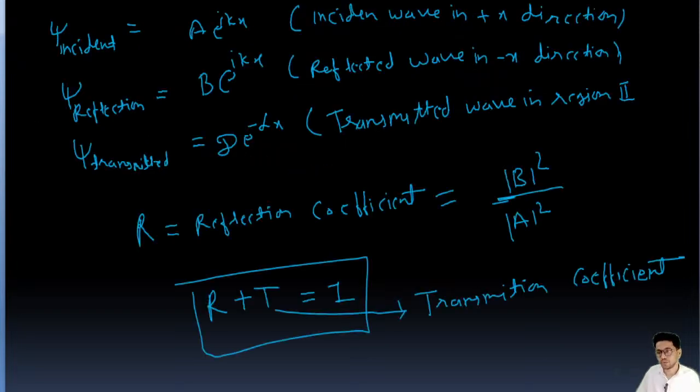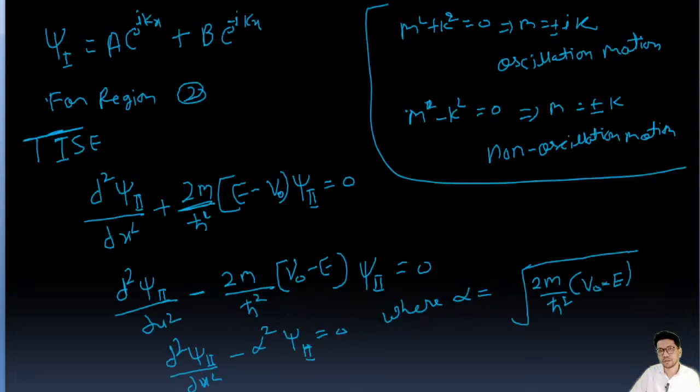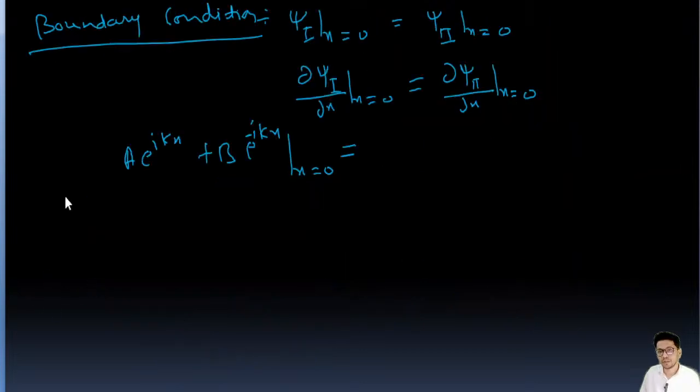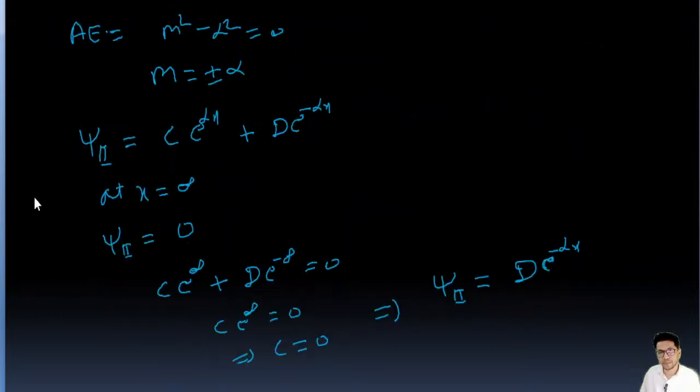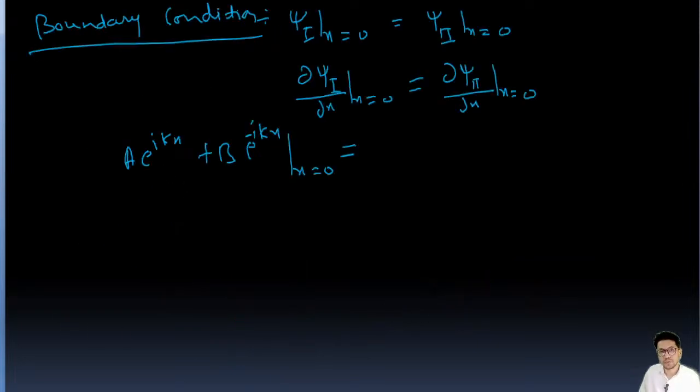I'll show you psi 1, this one, and this is psi 2. Similarly, psi at x equal to 0 is going to be d e to the power minus alpha x at x equal to 0. This is the first boundary condition, this is the second boundary condition.